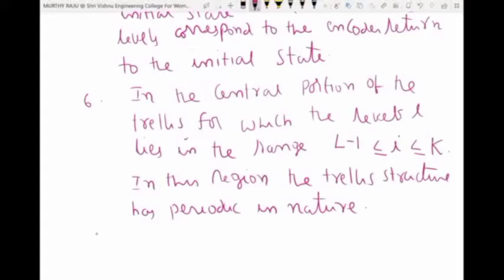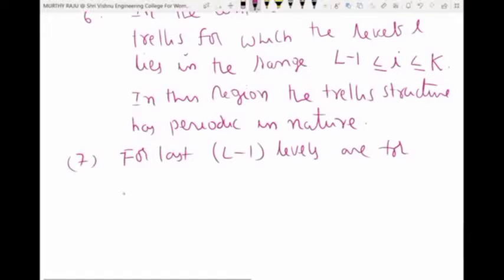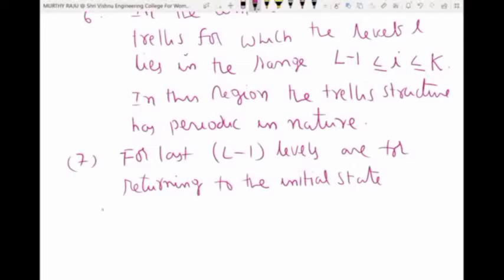Next one. The last L minus 1 levels are for returning to the initial state, that means coming back to the original state.